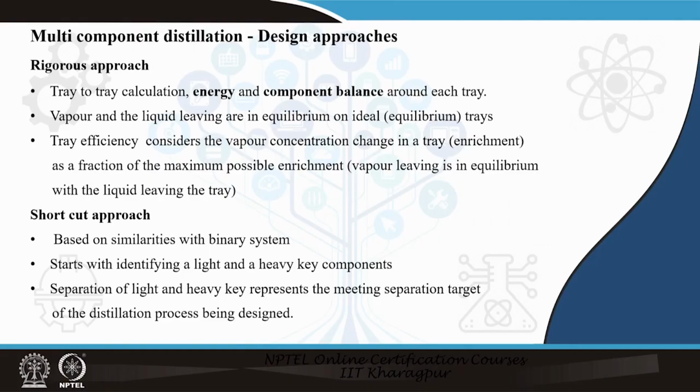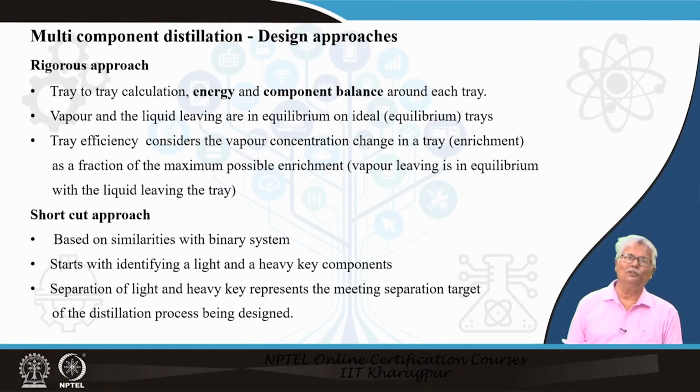Now, the first thing that we have in our mind: there are two approaches to multi-component design, which is also certainly applicable to binary system designs as well. The first is a rigorous approach.